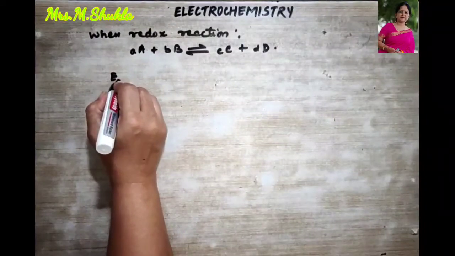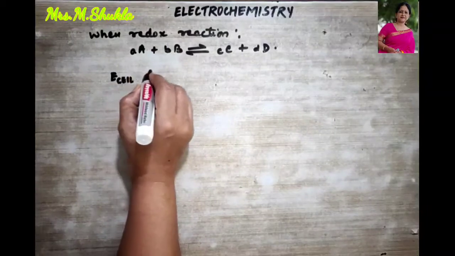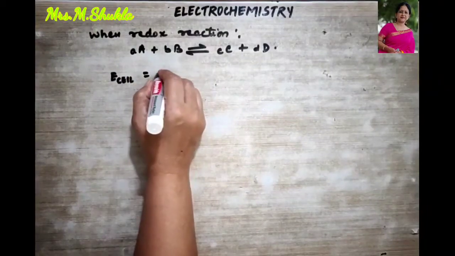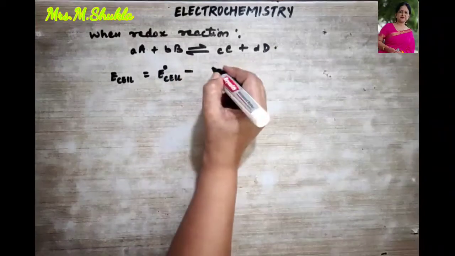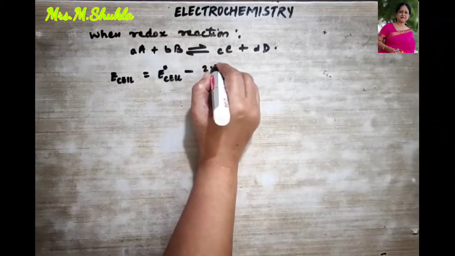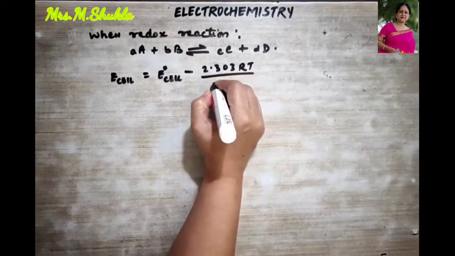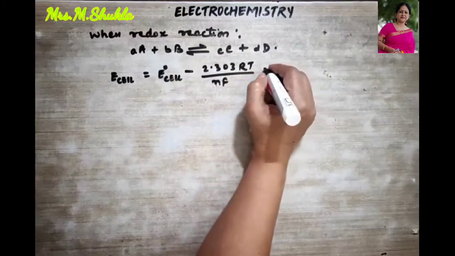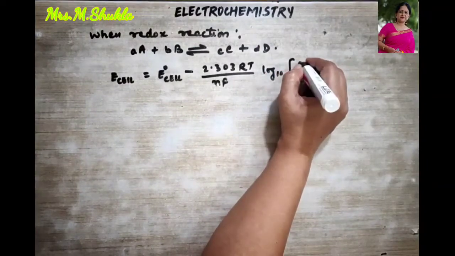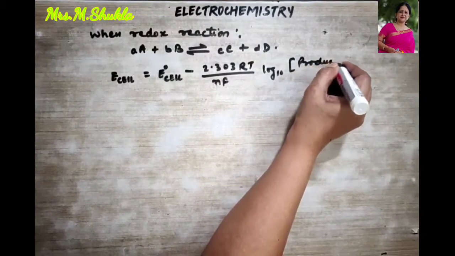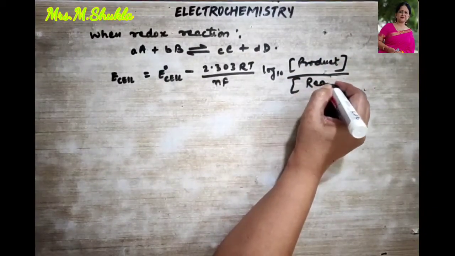So now your cell potential will be equal to the standard electrode potential minus 2.303 RT upon nF log to the base 10 of product upon reactant.